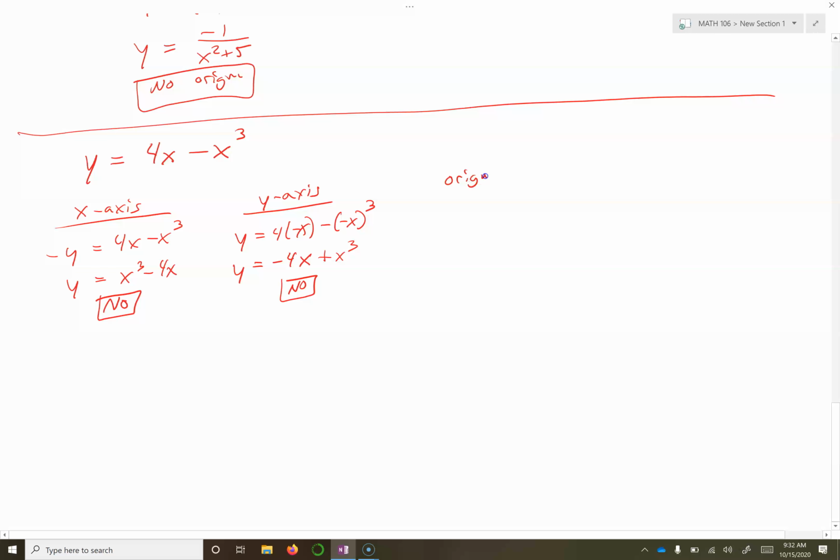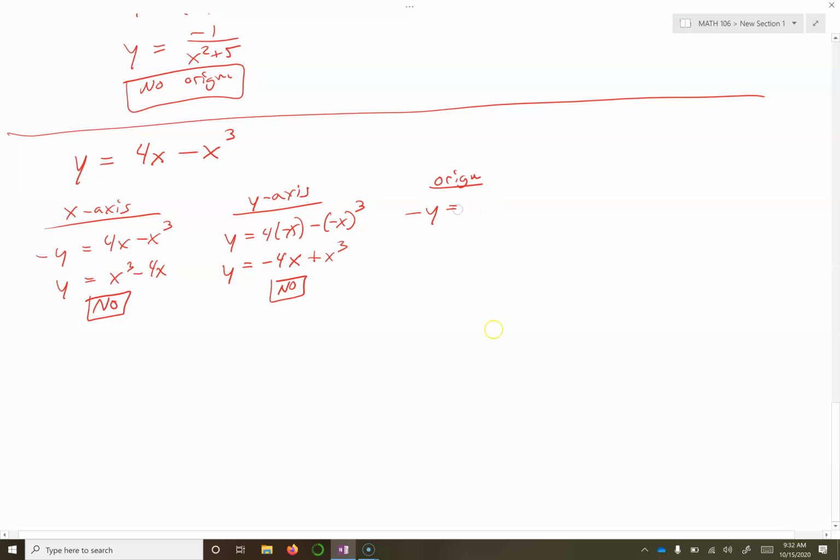And finally, origin: we'll have negative y equals 4 times negative x minus negative x cubed. So negative y equals negative 4x plus x cubed. But then when I move that negative sign over, I get y equals 4x minus x cubed. And look at that, that's the same as the original. So yes, we do have origin symmetry.